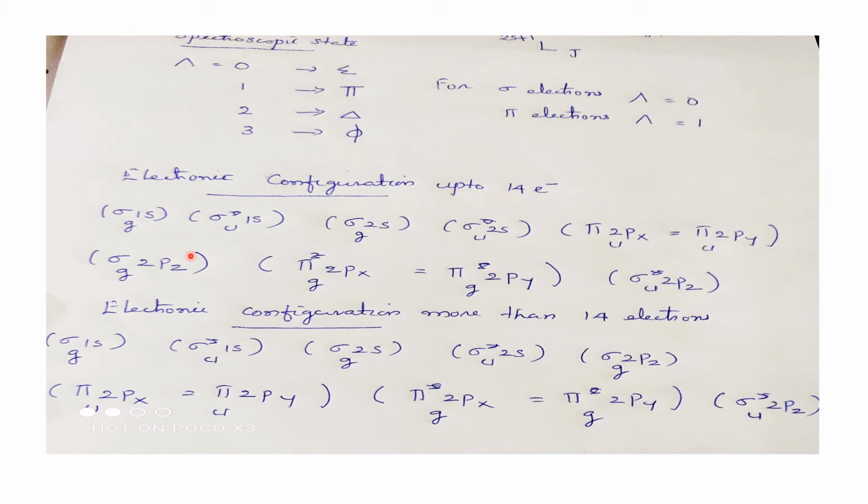In this case, the sigma 2pz orbitals are having more energy than pi 2px, pi 2py. Next is the electronic configuration with more than 14 electrons. In this case, pi 2px equal to pi 2py orbitals are having more energy than sigma 2pz orbitals.